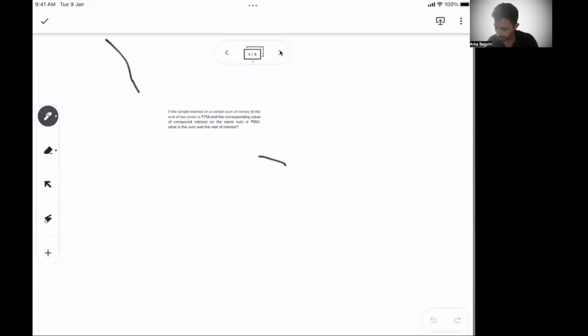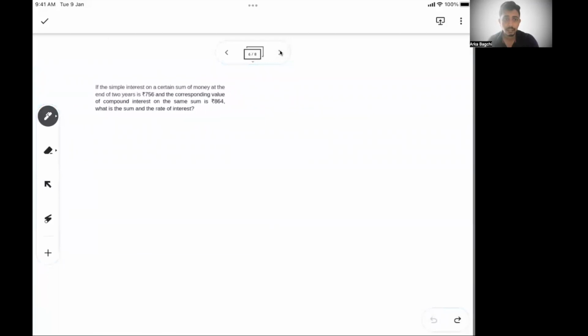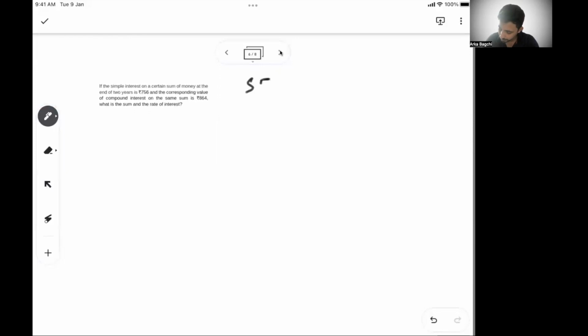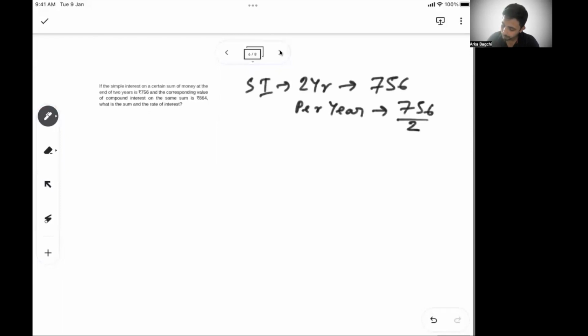The next problem is saying, if the simple interest on a certain sum of money at the end of 2 years is 756. So simple interest for 2 years is 756, so for per year it should be 756 divided by 2, because simple interest gets calculated in the same way. So it is 378.